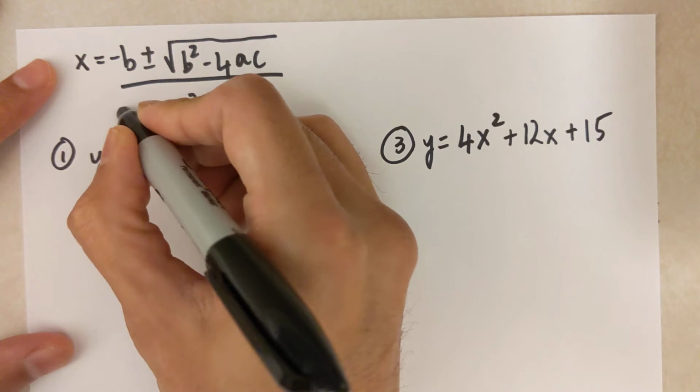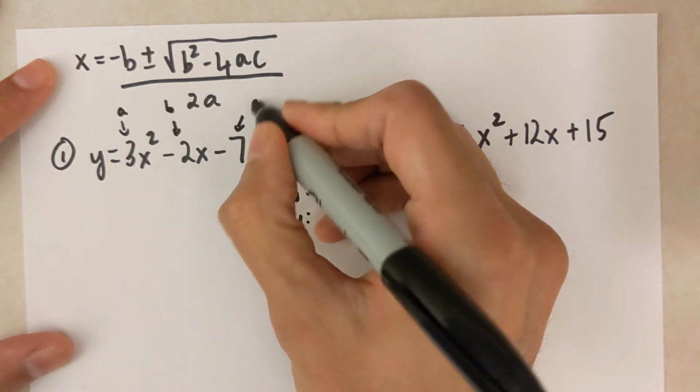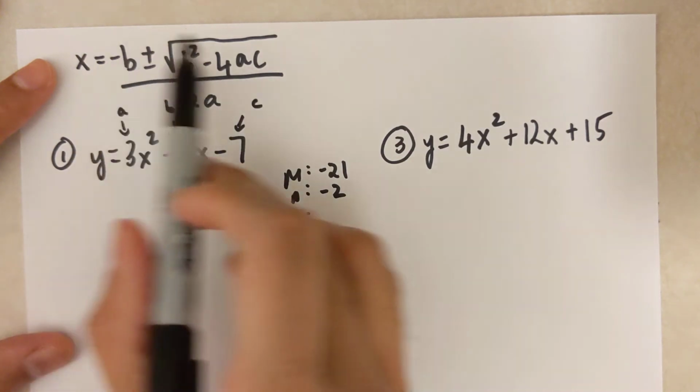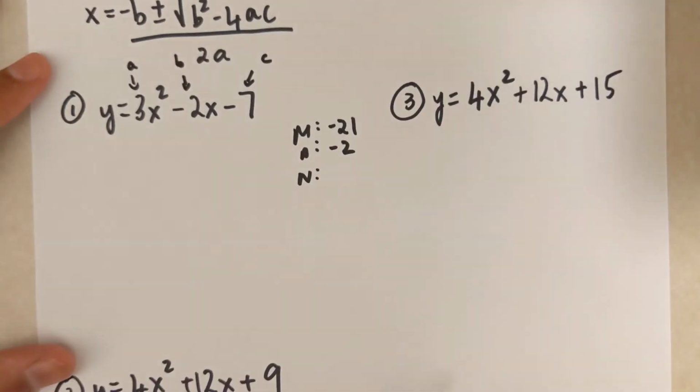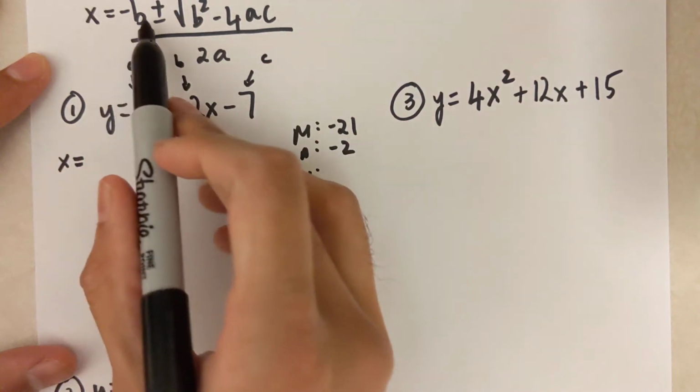Now the first value here is your a, the second value is your b, and the last one is your c. We're just going to sub that into the quadratic equation and then solve it. So I'll do that over here. X equals negative b.